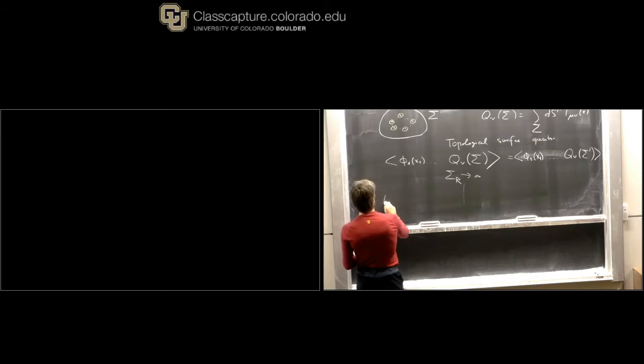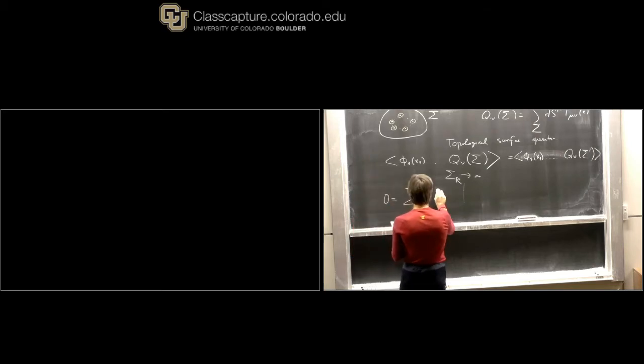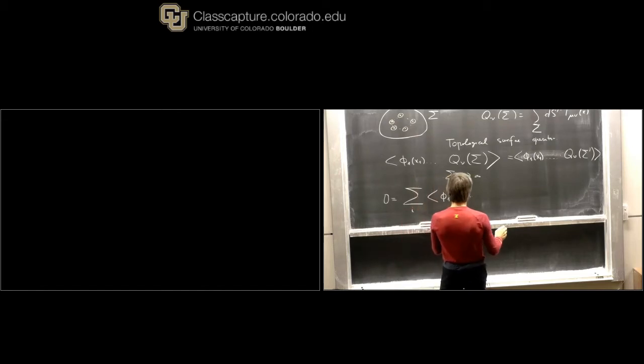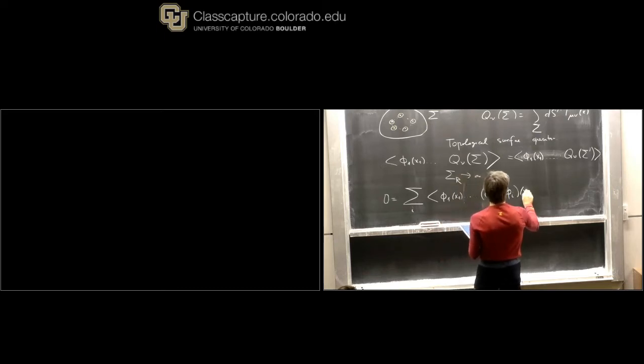that 0 is equal to the sum over i of phi1 of x1 dot dot dot, and then for the term that I'm surrounding, I have this thing which I denoted q nu times phi i at the point xi dot dot dot.